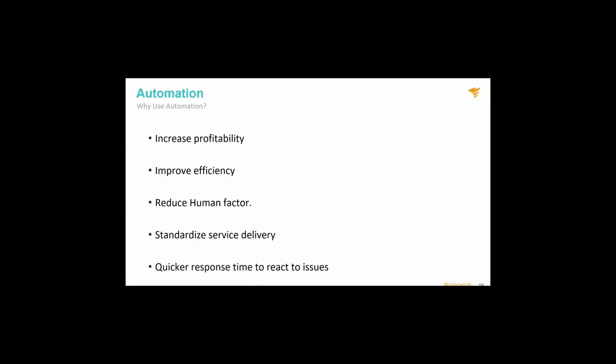The other thing is you can standardize all your service delivery. If you need to provide exactly the same service to all your customers, then you can just use these automations. We also have a quicker response time to react to an issue straight away. Any issue that occurs on your check will be applied automatically, or it will try to remediate the issue.